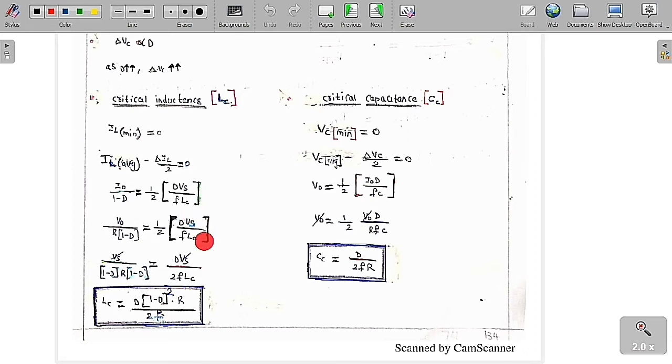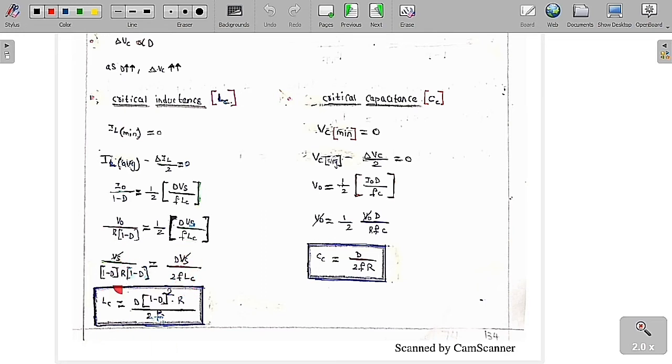Now, I naught is equal to V naught by R, whereas V naught is equal to Vs by 1 minus D. So I naught by 1 minus D is equal to half into DVs by fLC, where V naught is equal to Vs by 1 minus D into R, into 1 minus D, is equal to DVs by 2fLC.